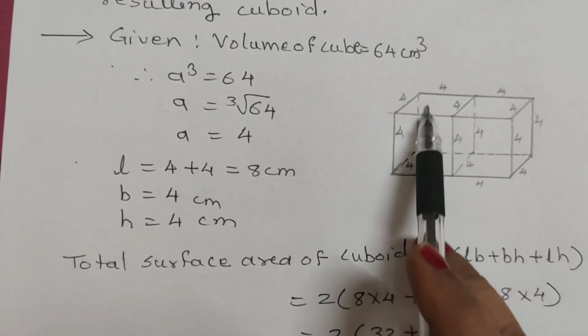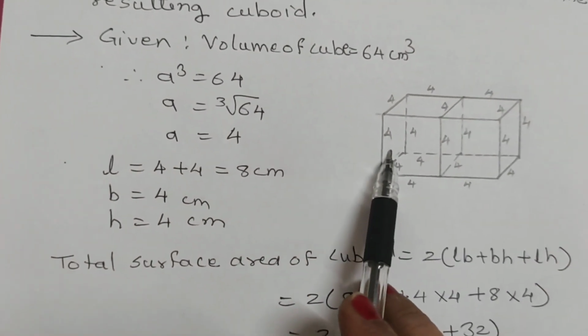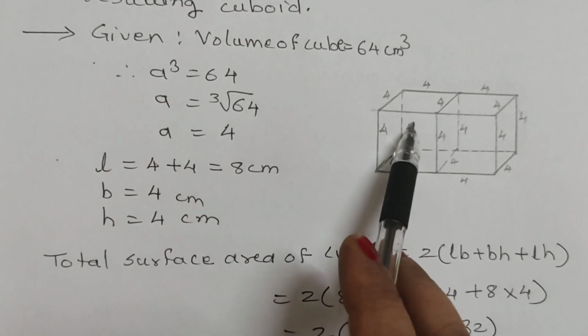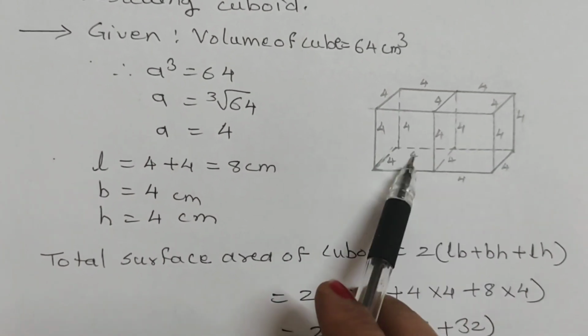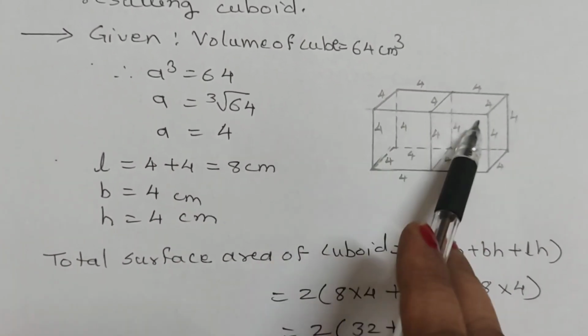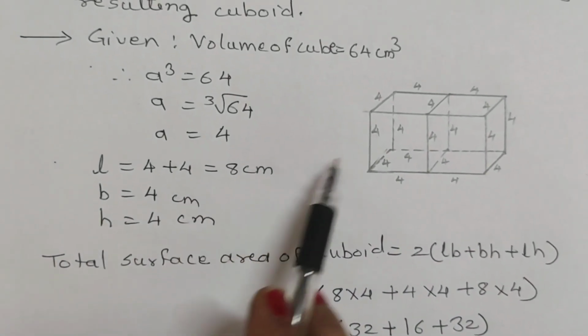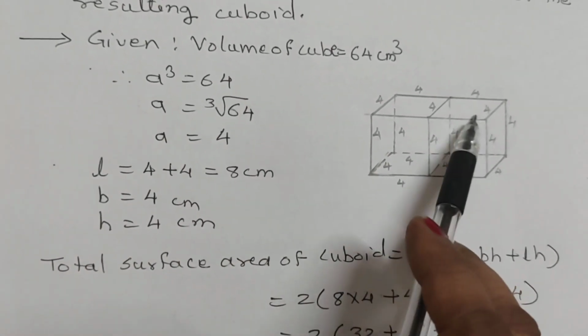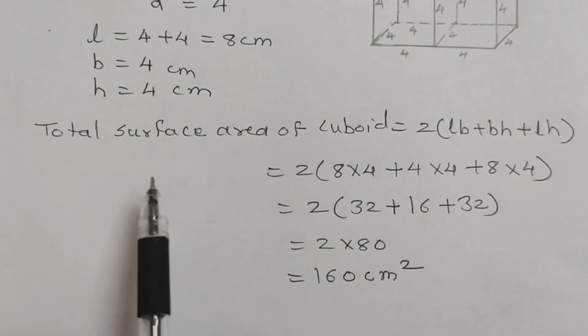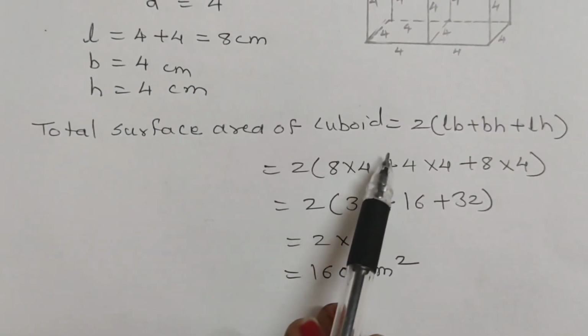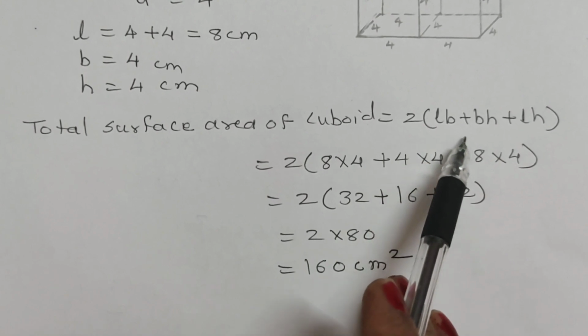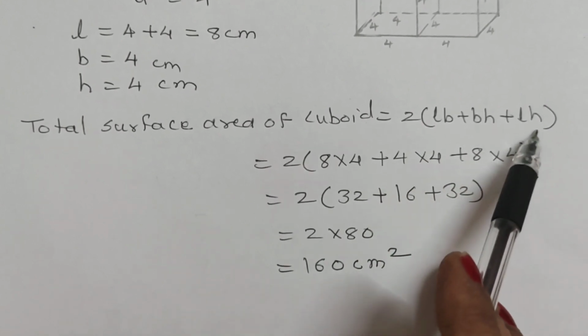Here we have drawn the figure like this, where all the sides are equal. Length of the cuboid we are getting 4 plus 4 is 8 cm. Breadth is 4 cm and height is also 4 cm. Therefore, the total surface area of the cuboid is equal to 2 into LB plus BH plus LH.